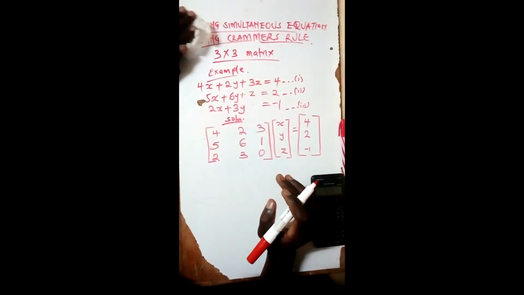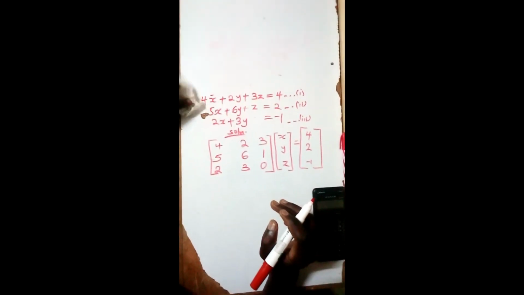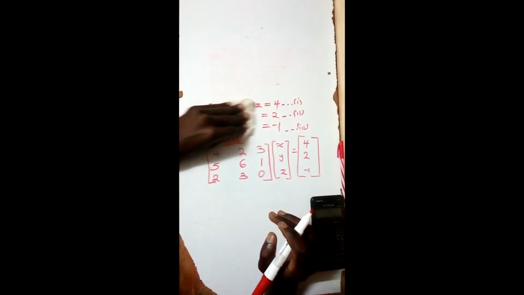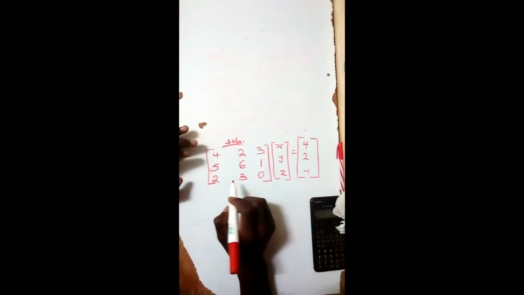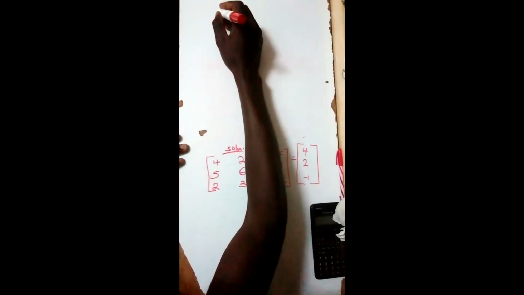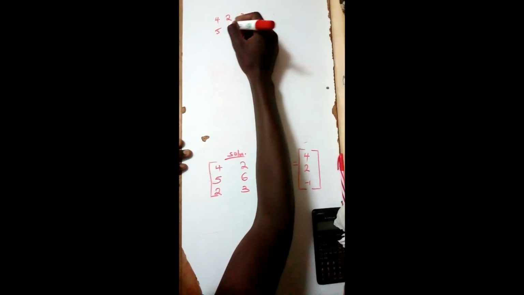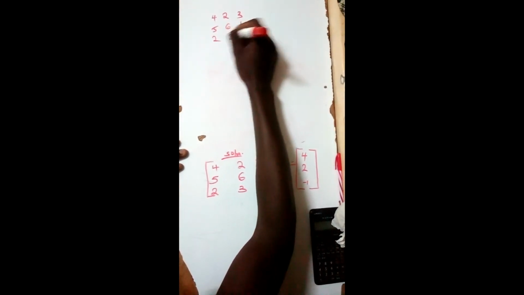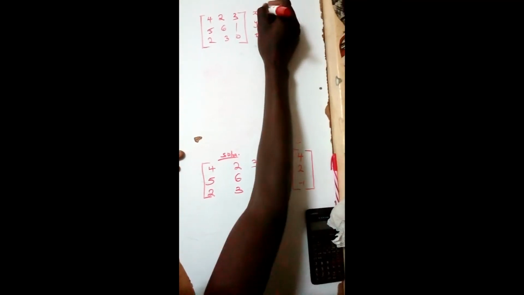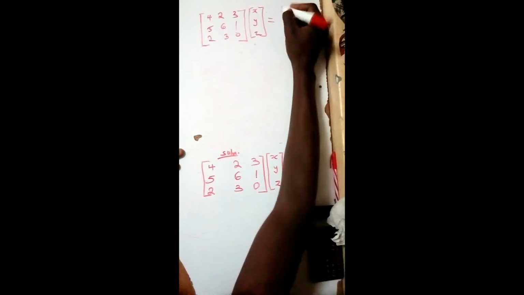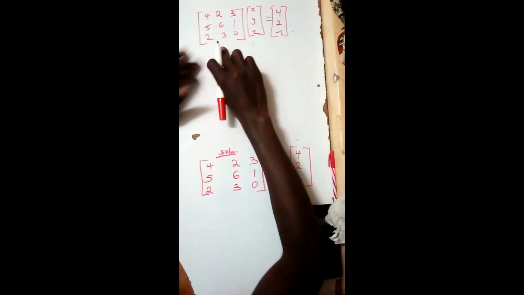So let's rewrite it here. We have 4, 2, 3, 5, 6, 1, 2, 3, 0, multiplied by x, y, z, which is equivalent to 4, 2, -1. Mostly we are going to concentrate on this matrix and this one.